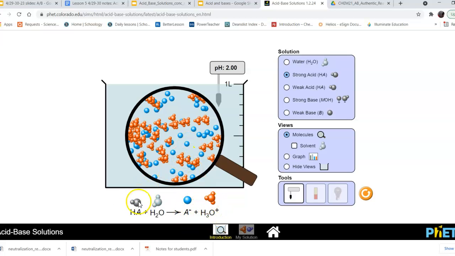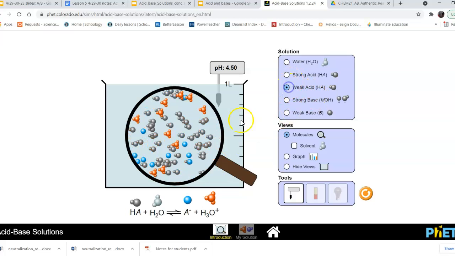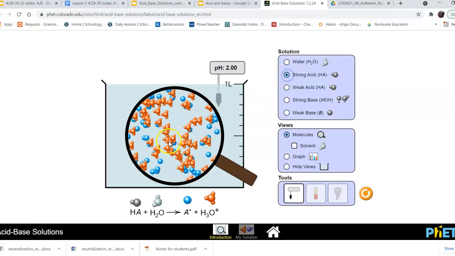This is not the case with a weak acid. With a weak acid, you see the three of them. The water is not shown just for simplicity's sake. So you see the HA, the A minus, and the hydronium ion. You see all three species here because it's not fully dissociating. That is not the case for a strong acid.